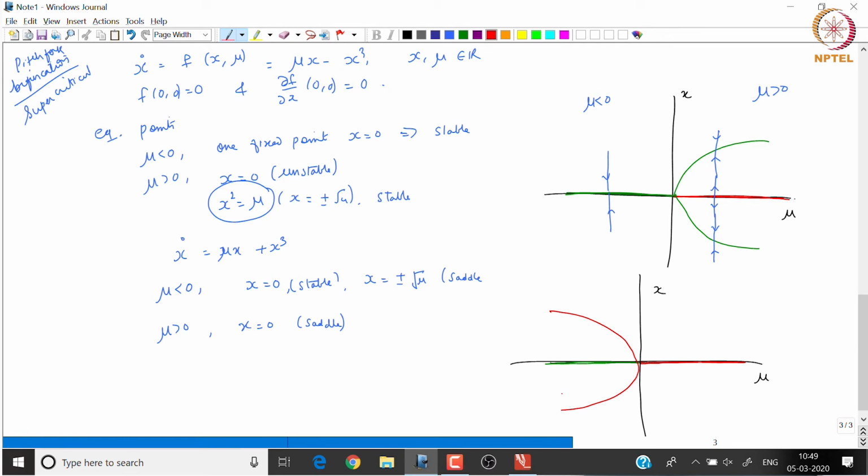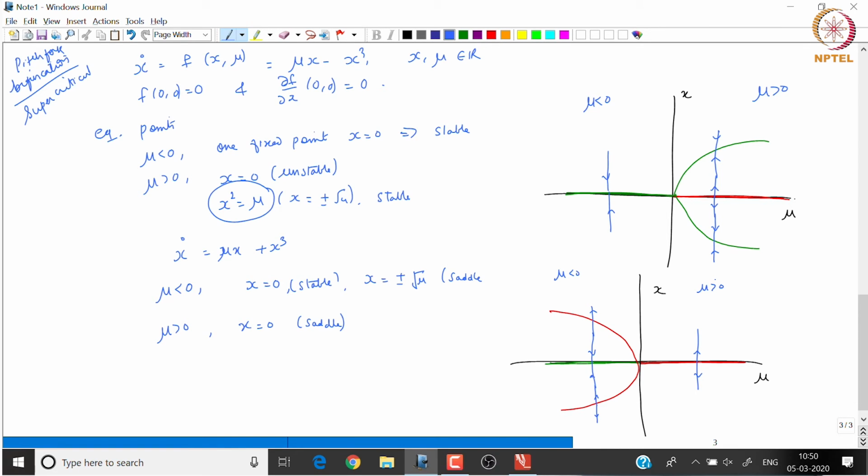If I plot the vector fields, they go away from the red line, and here they just keep going away. So here I changed from a stable to an unstable equilibrium point from mu less than 0 to mu greater than 0.